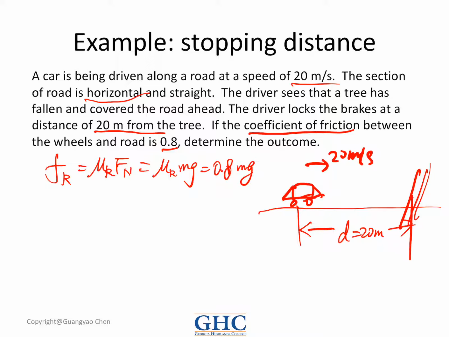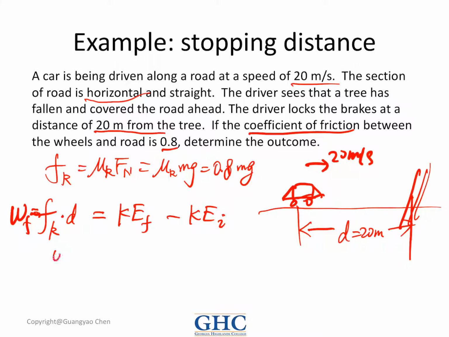This is friction. So you want to know the work done by friction, which is friction times distance traveled. This is the work done by friction. It should equal the change of mechanical energy of the system. There is no change in potential energy, so change in mechanical energy equals change in kinetic energy.